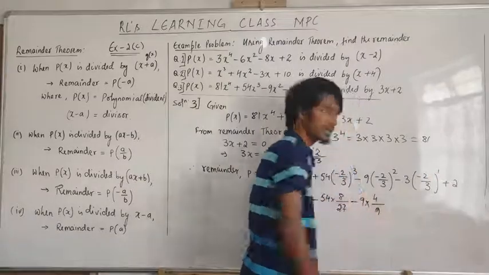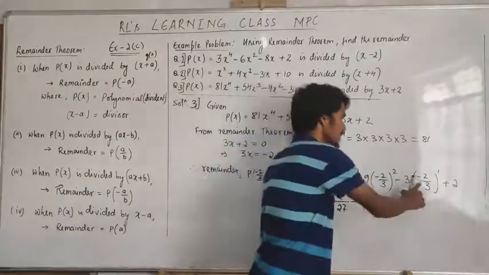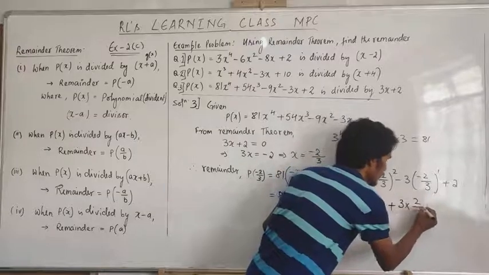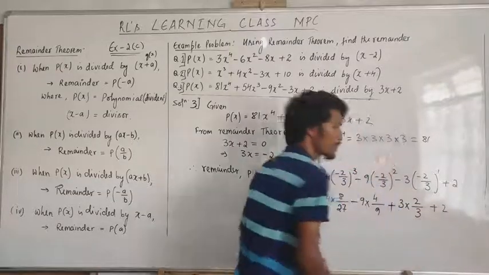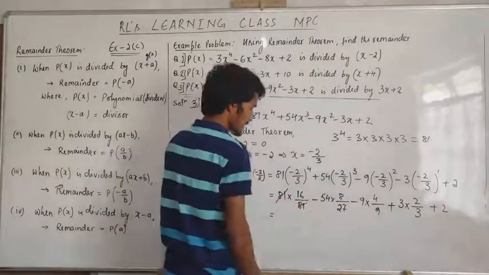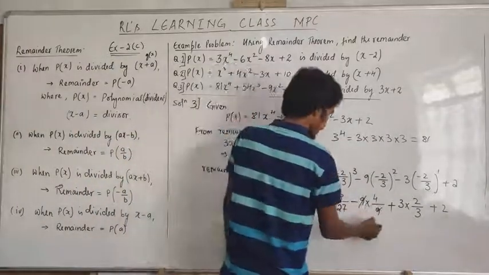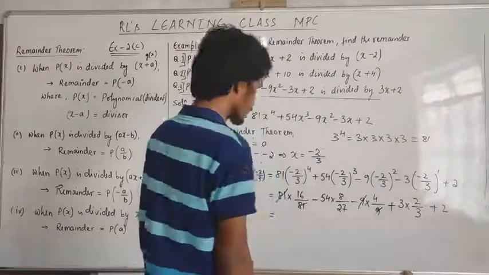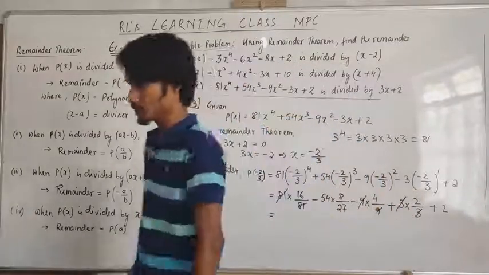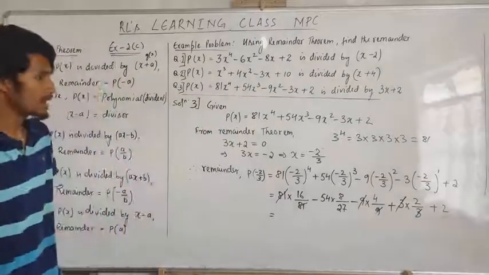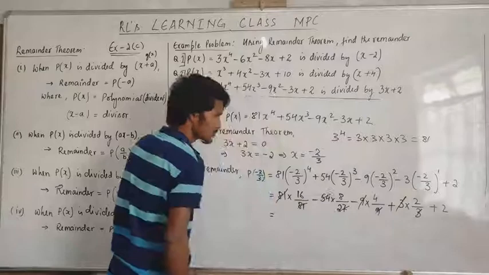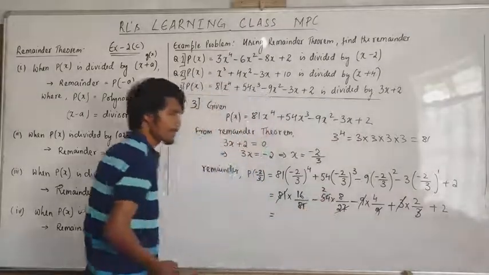Then here the power is odd, so the minus will remain, and minus 3 into minus 2 by 3 will be plus 2, then plus 2. Now we can cancel. 81 cancels. 9 and 9 cancel. Then 3 and 3 cancel. Now what's left is 27 into 2.